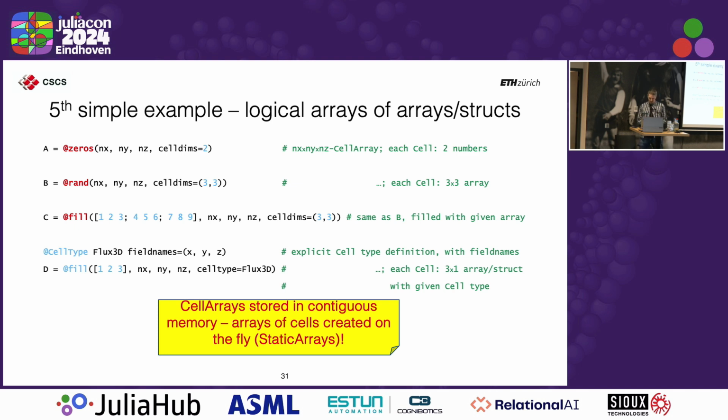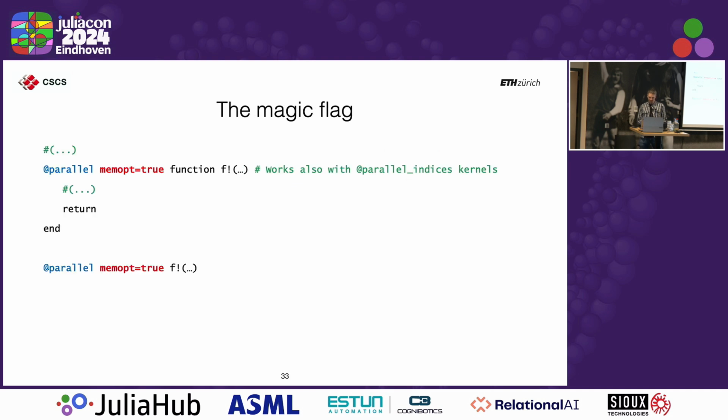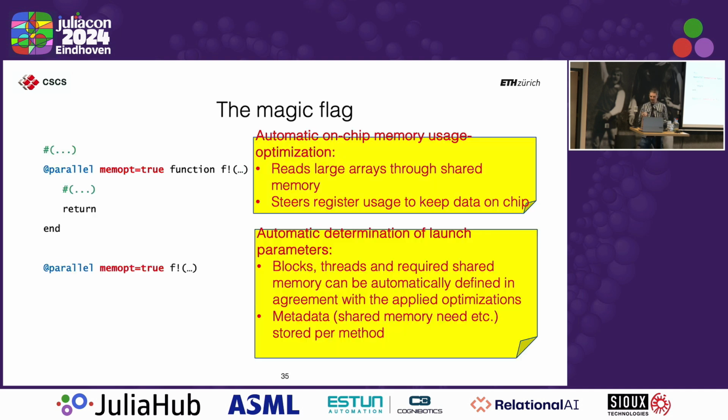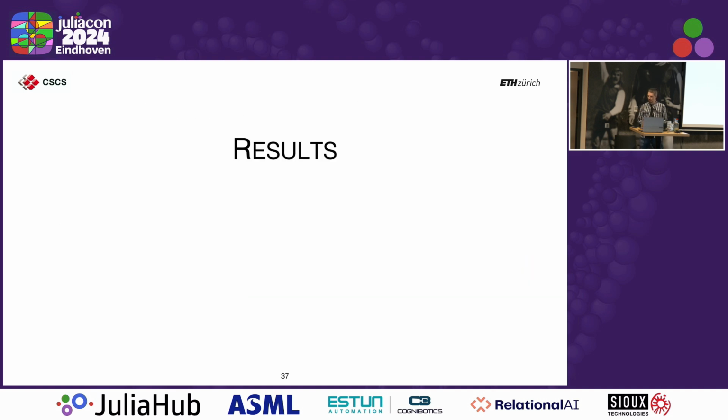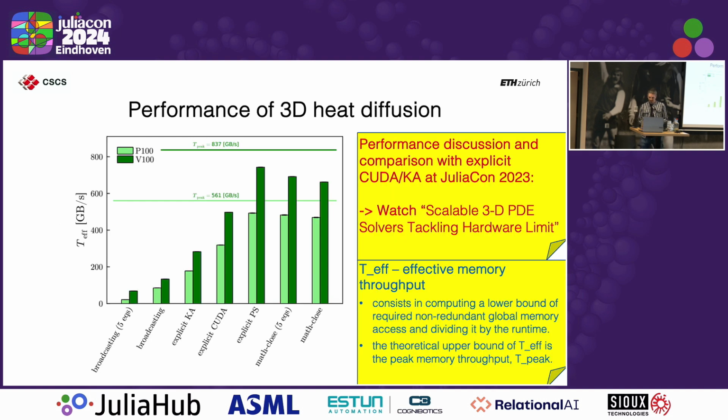I will not go further in detail now. And we have a magic flag to do memory optimization. The results of that I have shown already in last year's talk. Check that out: Scalable 3D PD solvers tackling hardware limits.